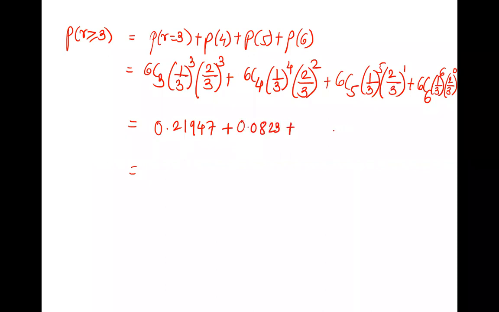Done with third and fourth? Please tell me what is third. 0.01646. What is the last answer of this? 1.3717 into 10 raised to minus 3.